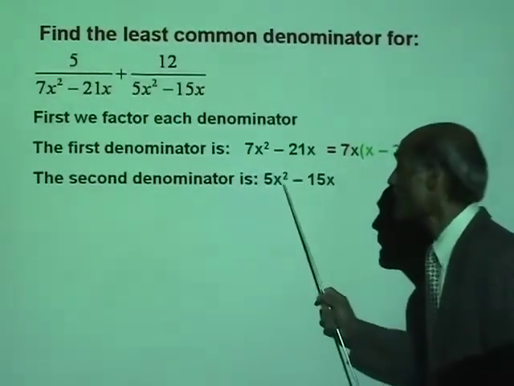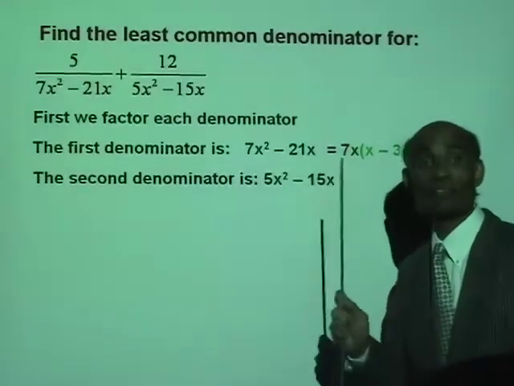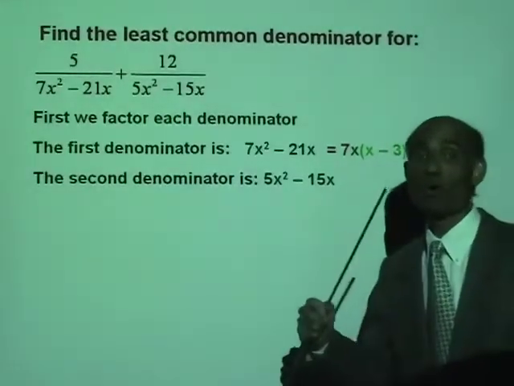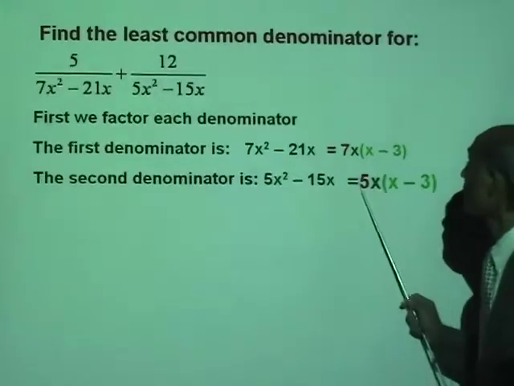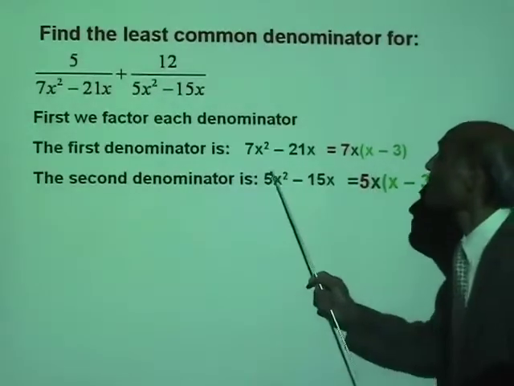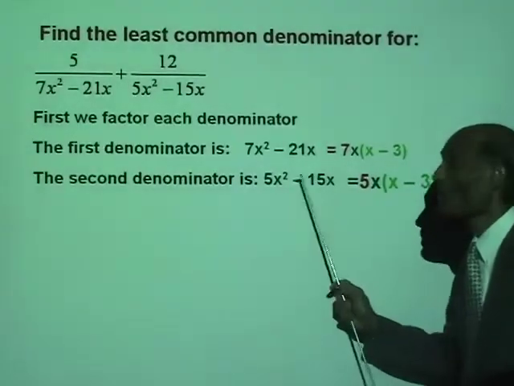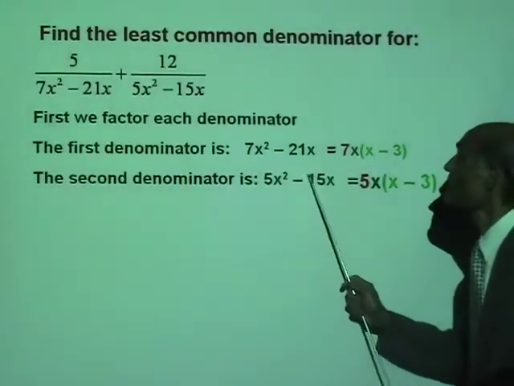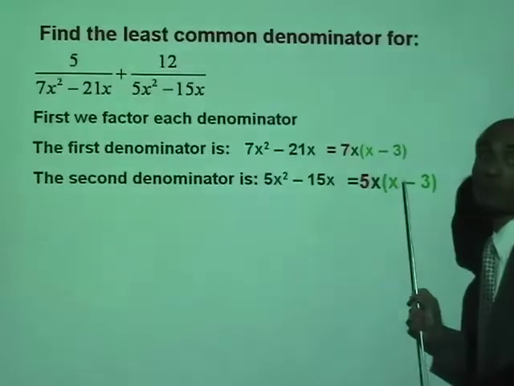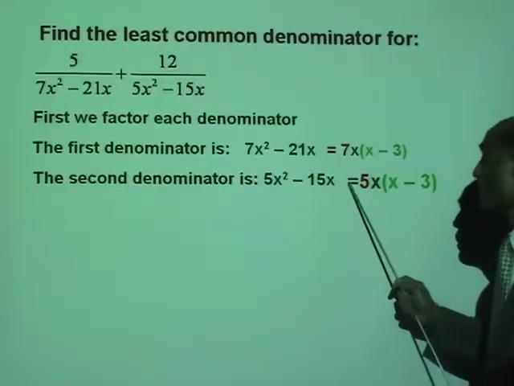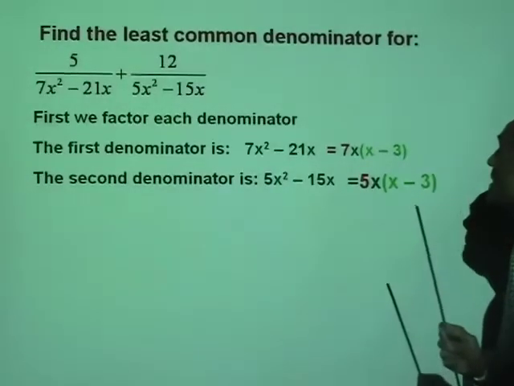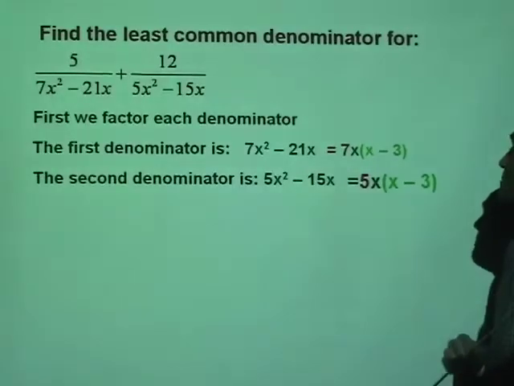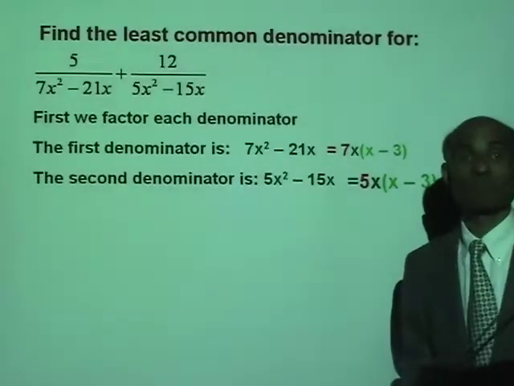X squared and x, x is the common factor. So 5x is the common factor. When 5x is factored out, what is left here is x. What is left in the second term will be minus 3. So the factoring here gives us 5x times x minus 3.